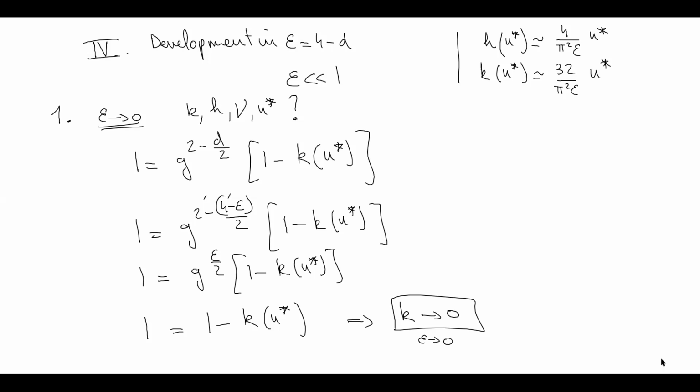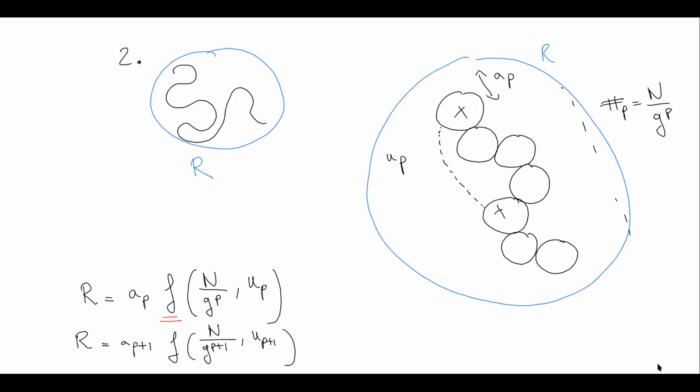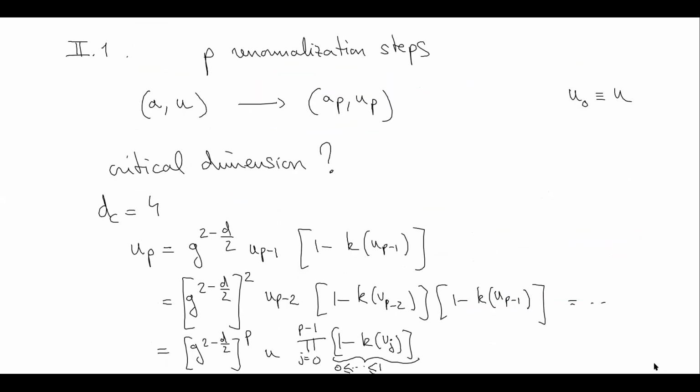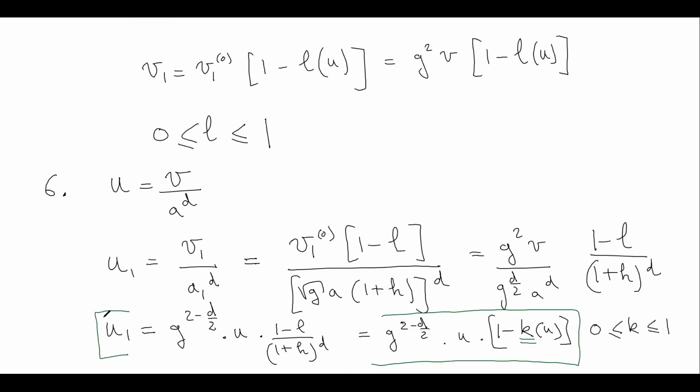Remember what was K? We have said previously that 1 minus K is equal to 1 minus L over 1 plus H to the D. This was how we introduced the scales in energy. Here you have the energy at the first level is the energy at the 0th level in dimensionless unit, a function of G and 1 minus K. And K is really given by L and H by this relation. 1 minus K is 1 minus L over 1 plus H to the D. So this is what I'm using here.